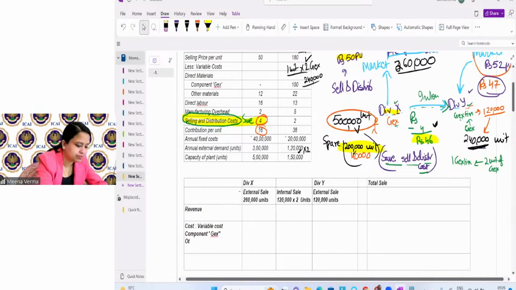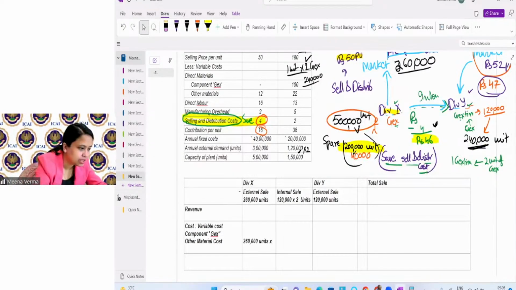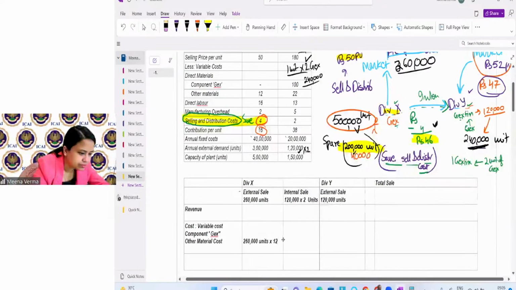Other material. In this case, we are using other material for external transfer. You are transferring 260,000 units. And what is the other material cost per unit? The cost is 12 per unit.